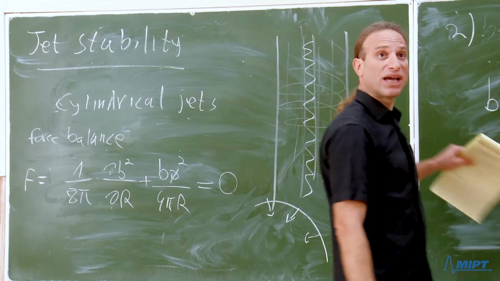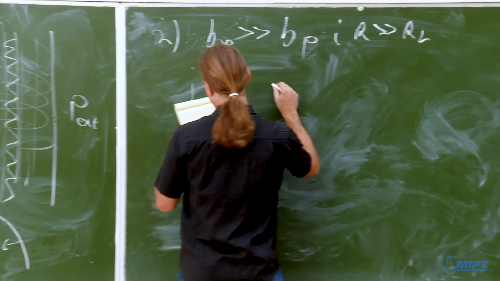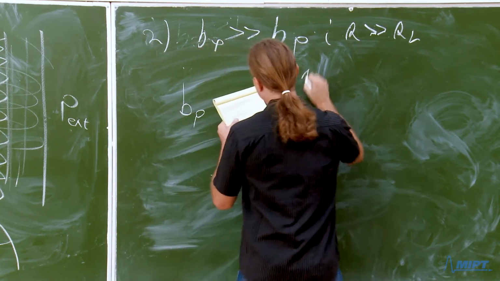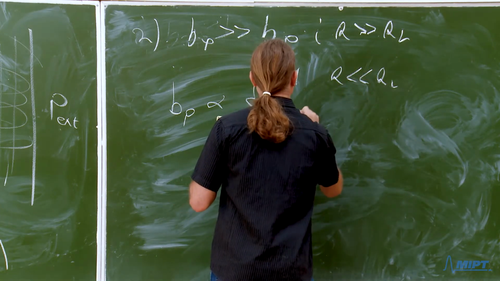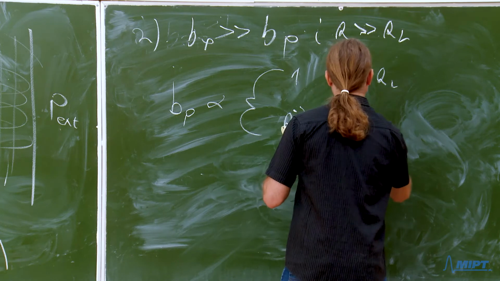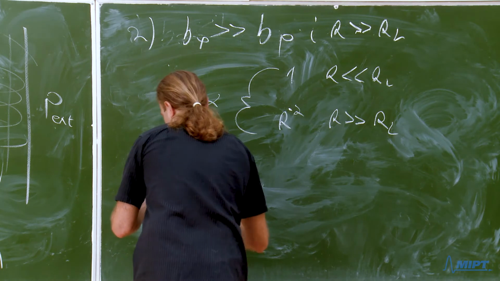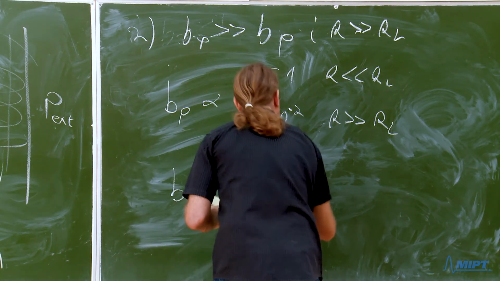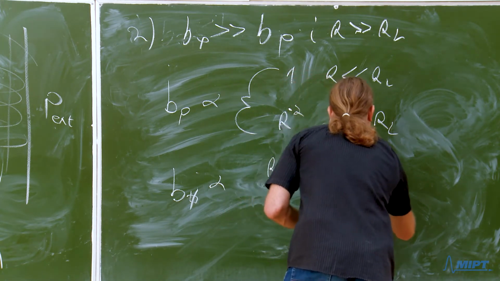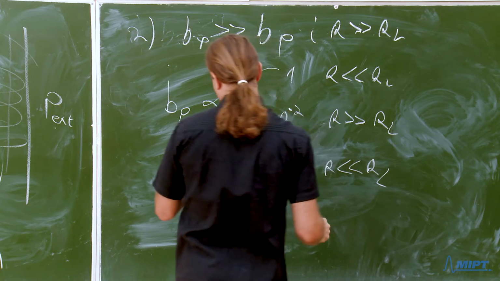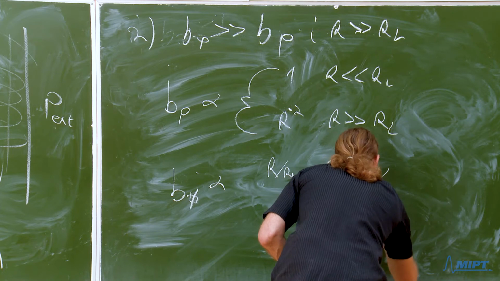And if I solve that, and again, it will be in the note, what I have is that BP is proportional to 1 when R is much smaller than RL, R to the power of minus 2 when R is much larger than RL, and B phi will be proportional to R divided by RL when R is much smaller than RL. Okay? And this will go like R to the minus 1 when R is much larger than RL.